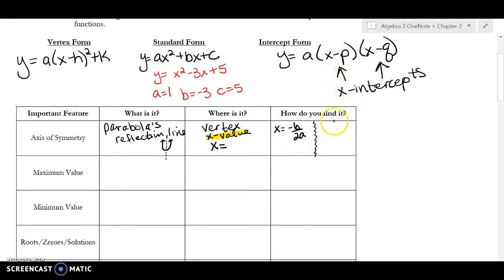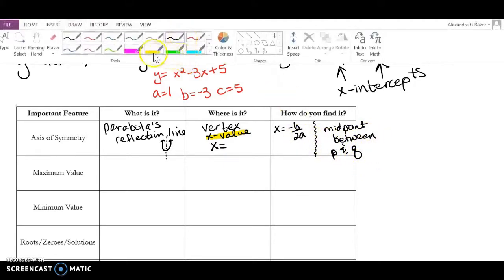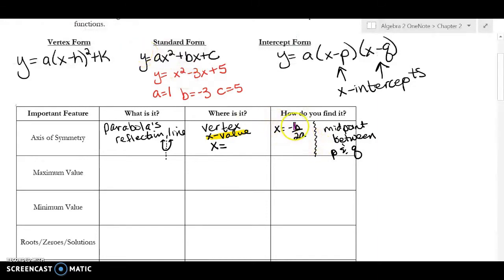Or if you have intercept form, you're going to find the midpoint between p and q. So those are the two ways. I am going to highlight this right here because we will use this a bunch this next chapter and even next chapter. Okay, negative b over 2a.